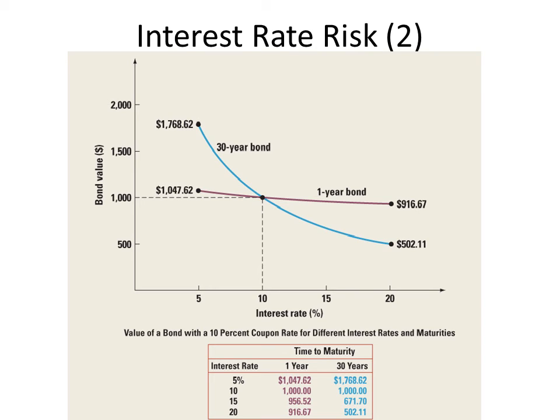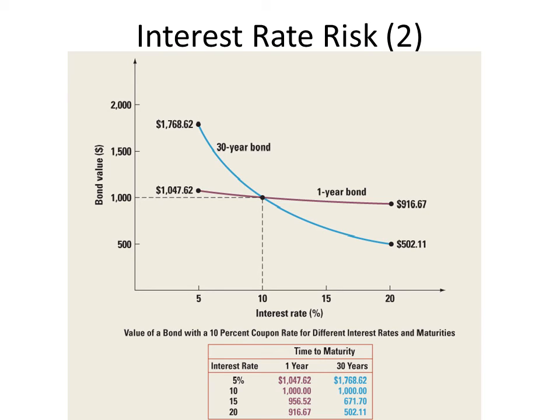Now, we also know that if the interest rate falls below 10%, those bonds are going to be premium bonds. And if the interest rate is greater than 10%, we know those bonds are going to be discount bonds. But the thing we're interested in here is the differential impact of that change in interest rate. Take a look at this.